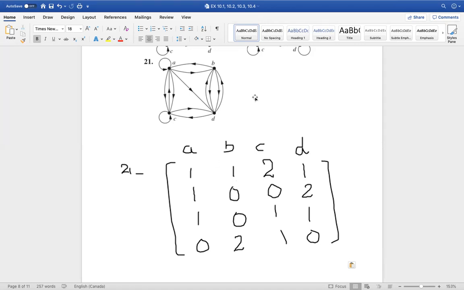Because B does not have an edge going to itself, the adjacency matrix will have 0 for this. Does B have an edge going from B to C? We see this B, and then we see this C. Because it does not have any edge going from B to C, we put 0 in its place.